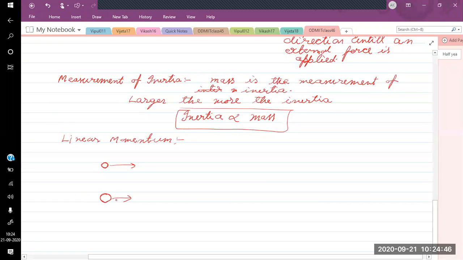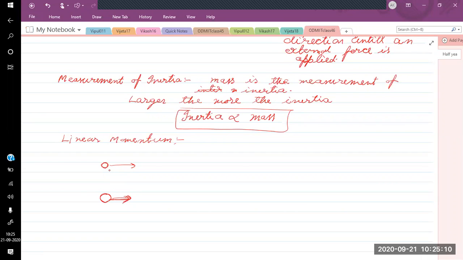So if two objects are thrown towards you, the heavier object tends to give more damage than the lighter object. This tendency to apply force or to give damage is called the momentum.